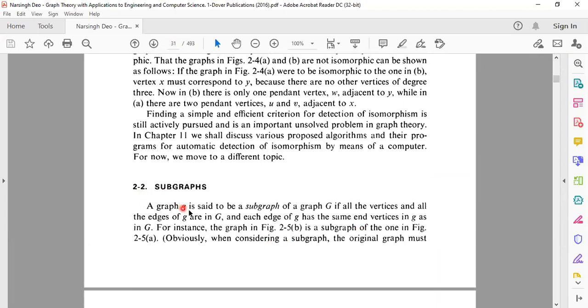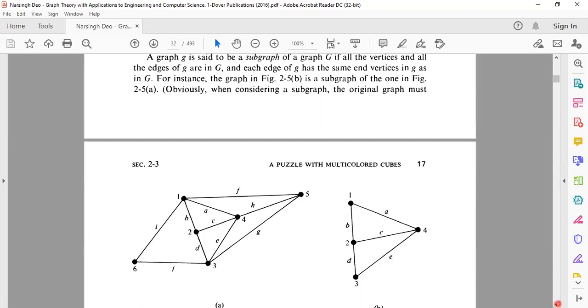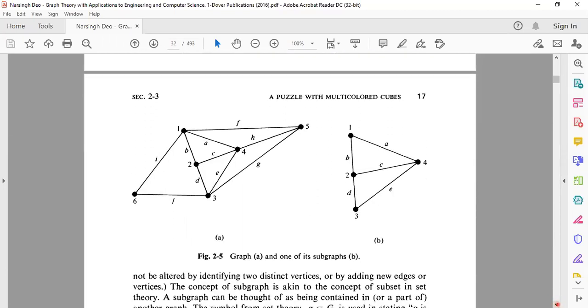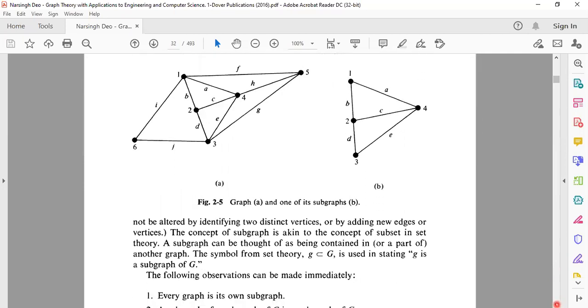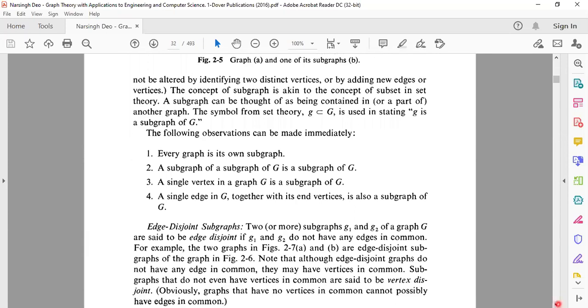It is written that a graph small g is said to be a subgraph of a graph capital G if all the vertices and all the edges of small g are in capital G, and each edge of small g has the same end vertices in G as in capital G. So in simple words, the connectivity of the vertices should be retained in the same way as in the mother graph. If you can do so, you are going to get the subgraphs.